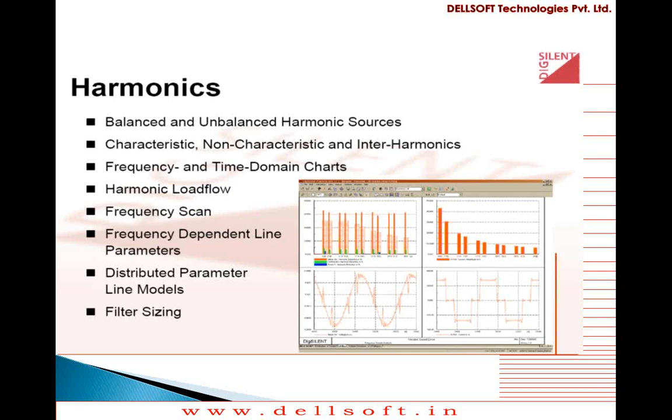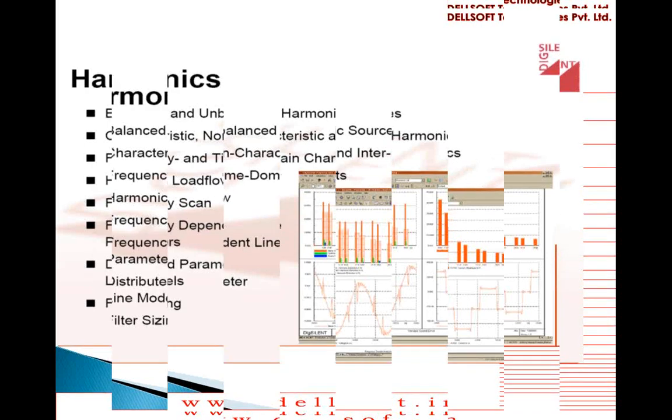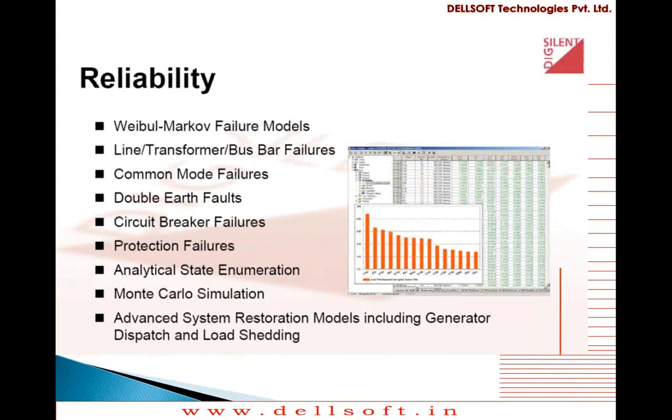In reliability assessment, we have some standard models like Weibull and Markov failure models. We also analyze reliability for line, transformer and bus bar failures, common mode failures, double earth faults, circuit breaker failures, and protection failures, and the state elimination analytical process is accepted in this software.